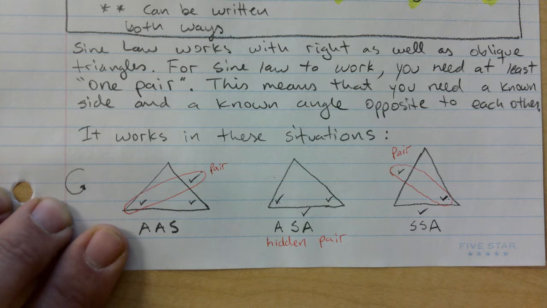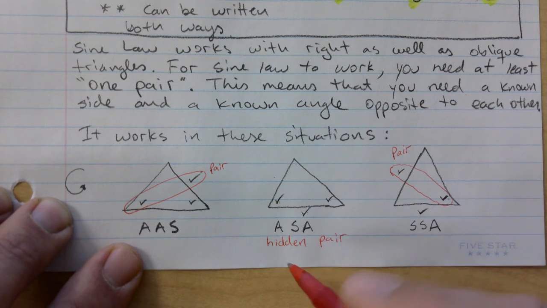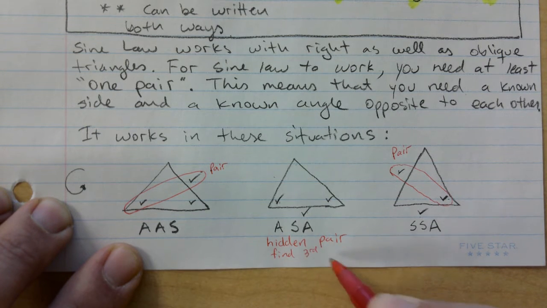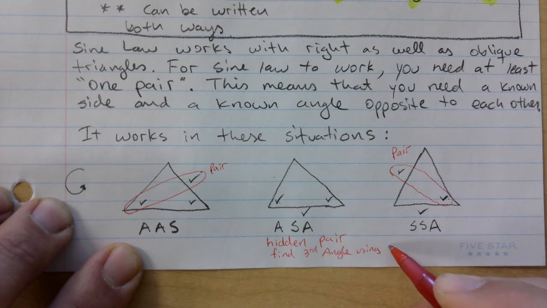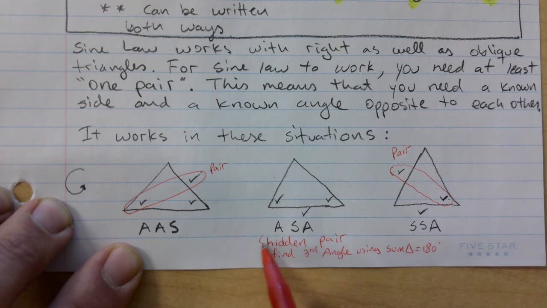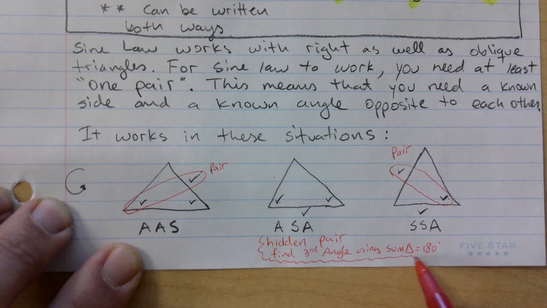Hidden pair. You find the top, right? Find third angle using, oh my, I'm going to run out of room here. Sum of angles in a triangle equal to 180. Okay, so this is like a side note.